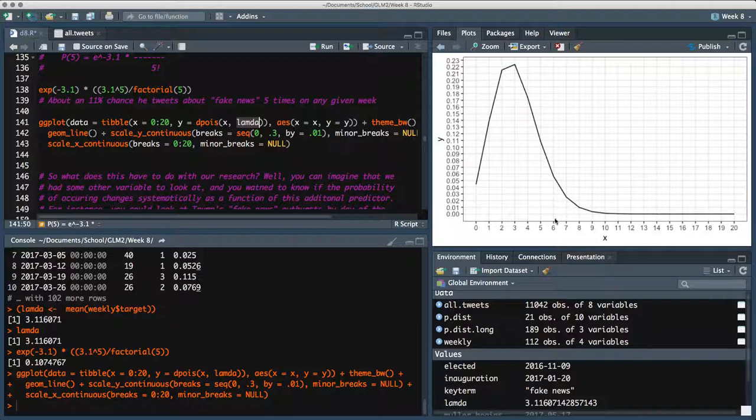The probability that we'd see 7 tweets in a given week about fake news is somewhere around 2.5%. The probability of him being able to refrain from tweeting about fake news for a full week is less than 5%. There's a less than 5% chance that Donald Trump will not mention fake news for an entire week.